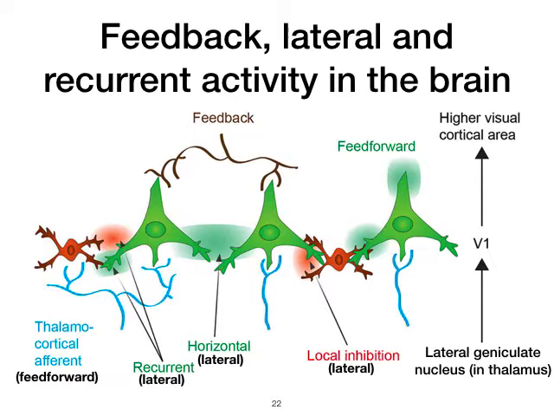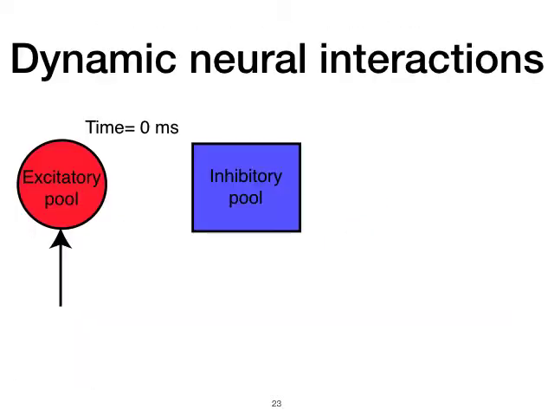Indeed, if you think about what this neuron's going to do, it's going to activate this neuron and then this is going to deactivate it, and so this response goes down. Oh, sorry, I'll show this with the next slide. If we activate this neuron in the excitatory pool, this becomes active. Then this is going to activate an inhibitory pool of neurons, which in turn inhibits this first pool of neurons.